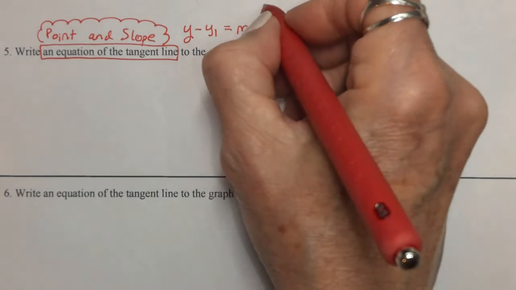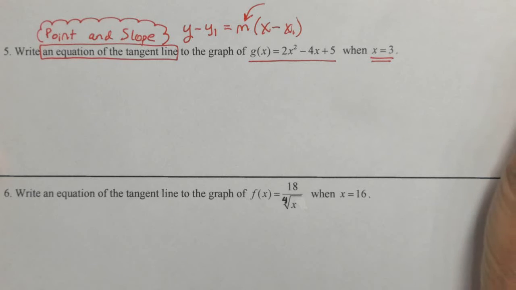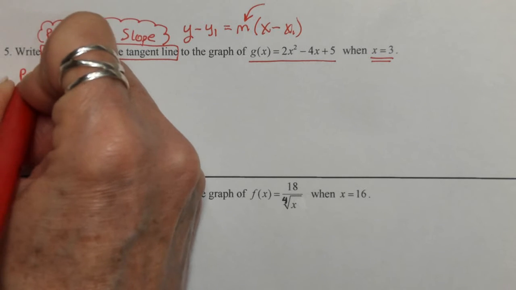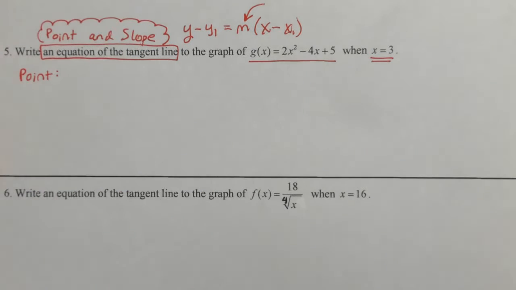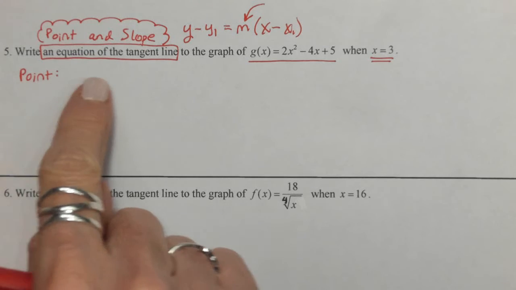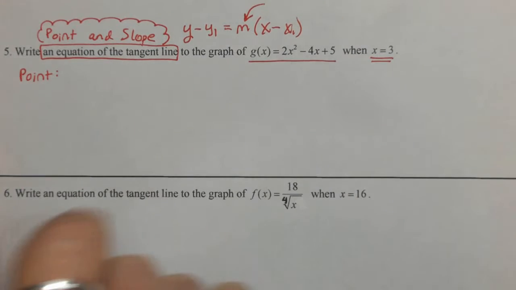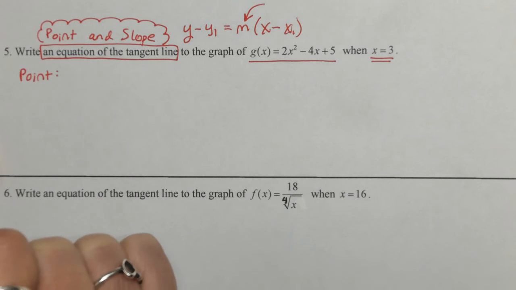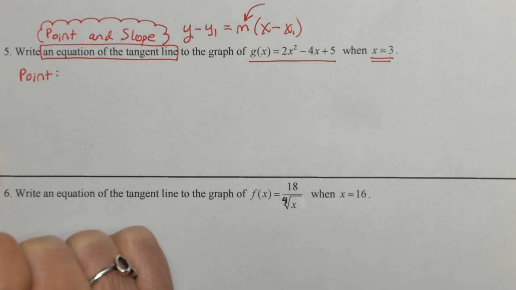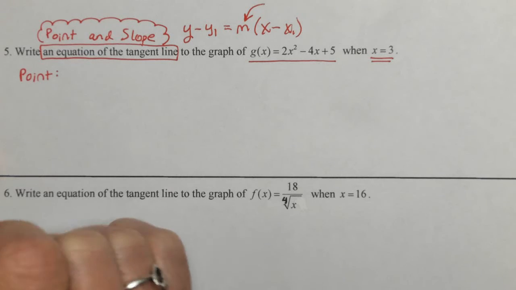So we first need to find the slope. Well, we can find the point. Let's find the point first. For the point, we usually do find the point first. So for the point, what is the point on this curve when x is 3? Well, how do you get that point? You just plug in 3 for x and get the y value.